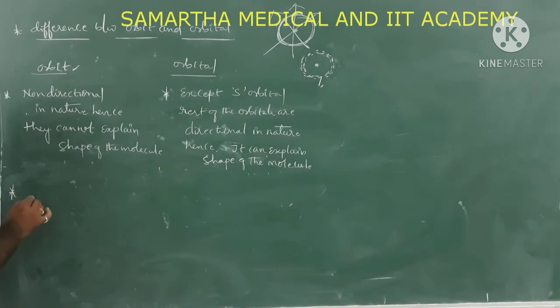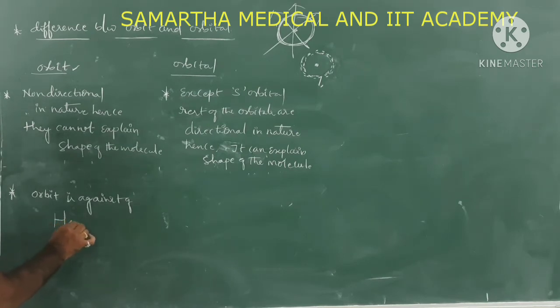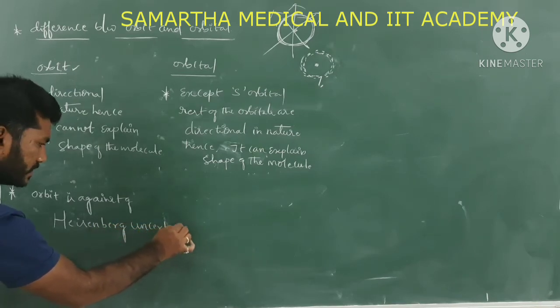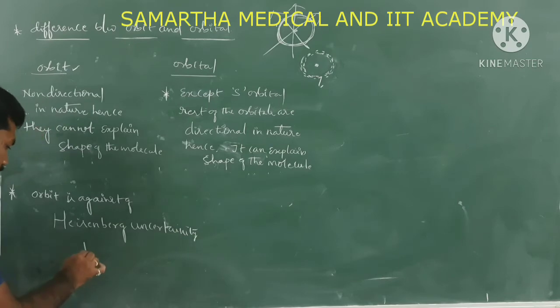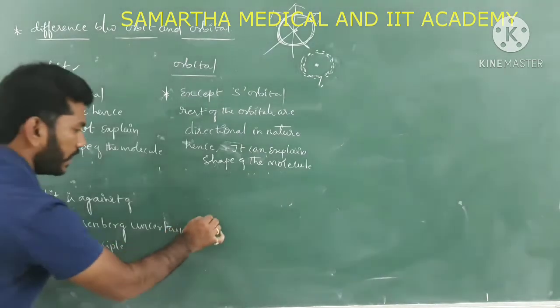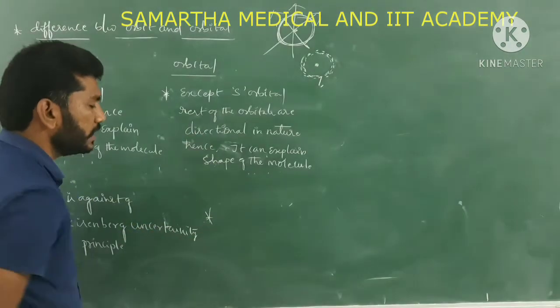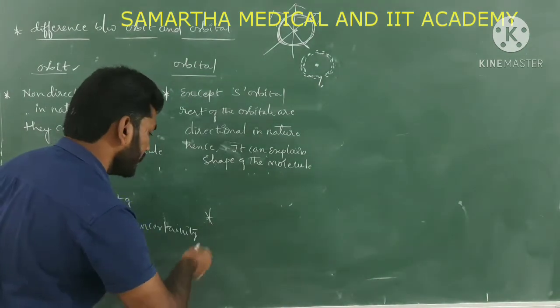Let's take down, orbit is against the Heisenberg uncertainty principle. But the concept of orbital will be in accordance with that particular concept of the Heisenberg uncertainty principle.